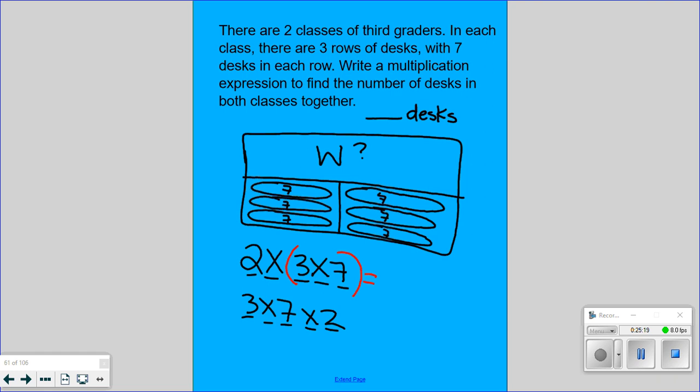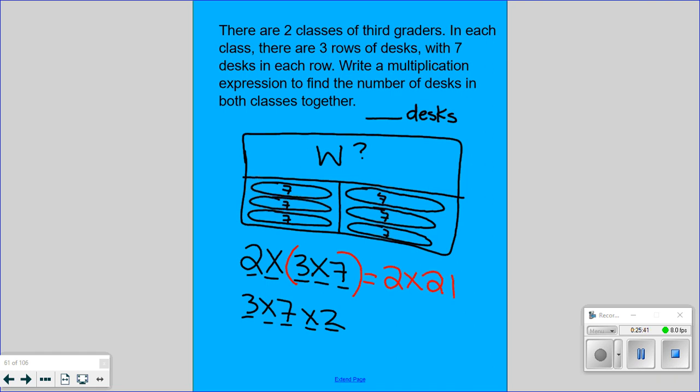Three groups of 7. Everybody, what is 2 groups of 7? 14. Add 7 more. 21. All right, so now I have 2 groups of 21.